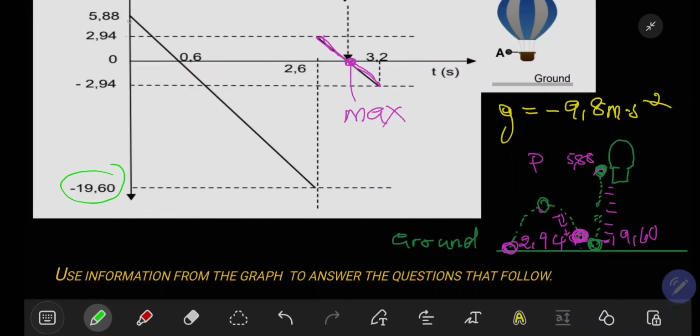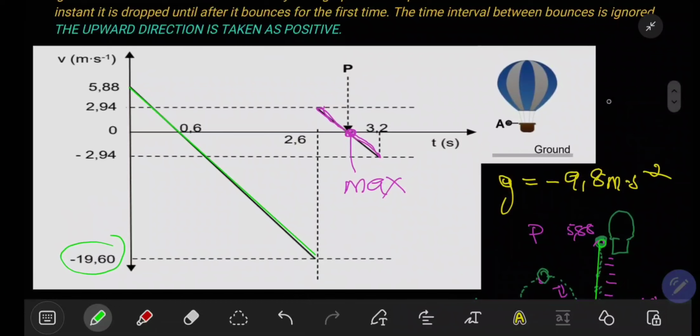So actually this line here, from where it started until this point, represents the motion from here where the ball was dropped until it touches the ground.